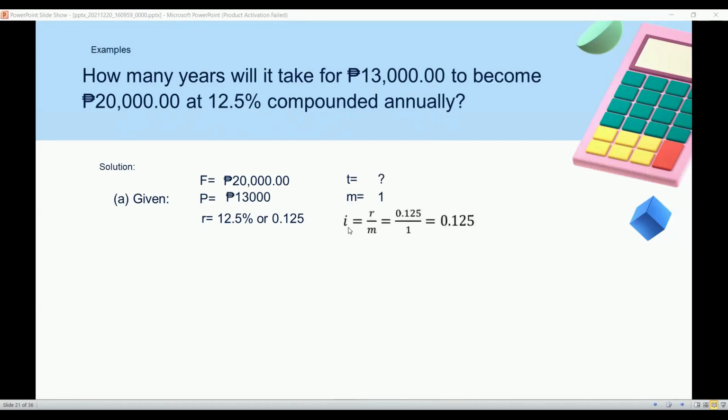Our I is R over M, which is 0.125 over 1 equals 0.125.